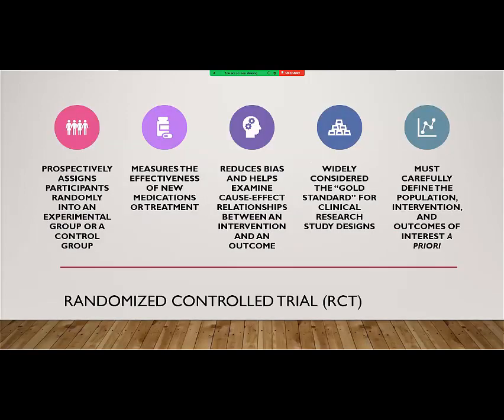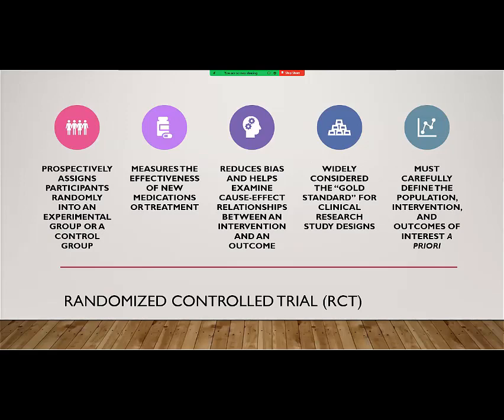So the randomized control trial, like I said, is widely considered the gold standard for clinical research designs. And the reason why is because first of all, there's prospective assignment. So that means you can follow people forward in time. And that helps to establish temporality, or relationship to time.